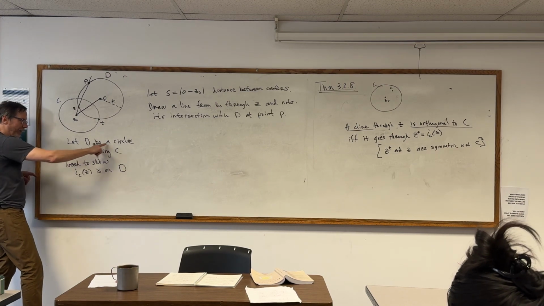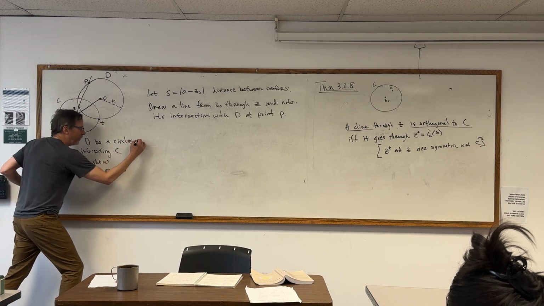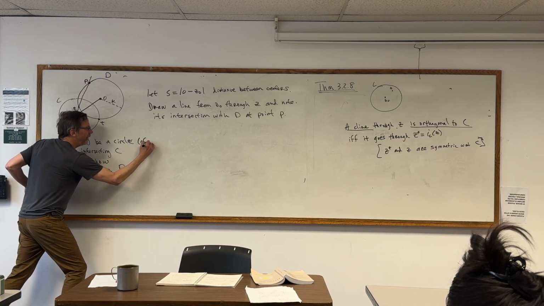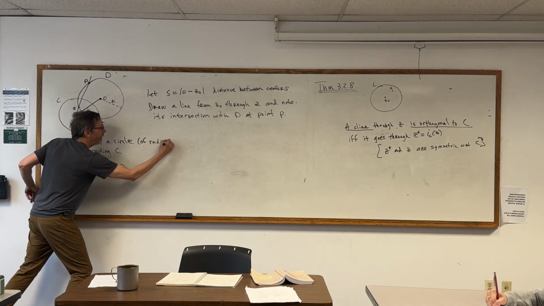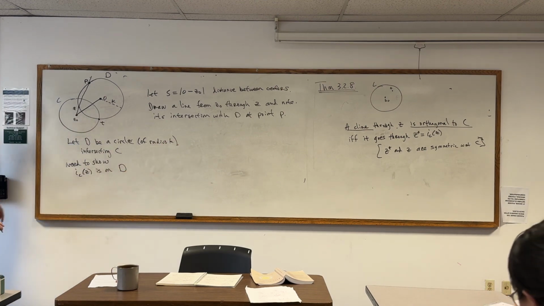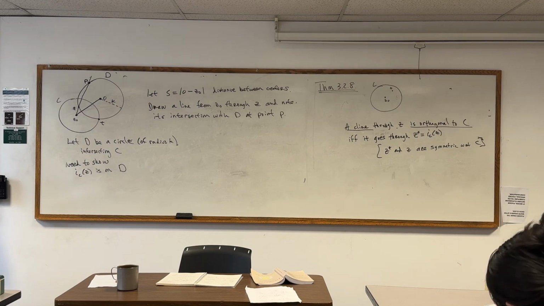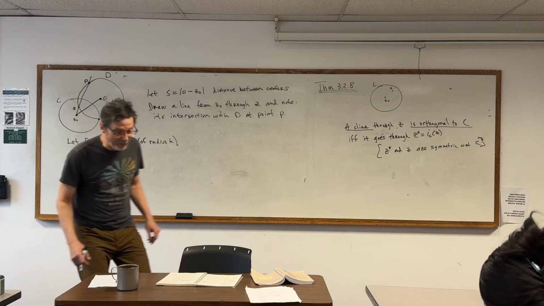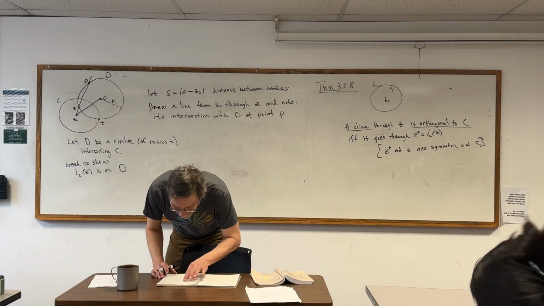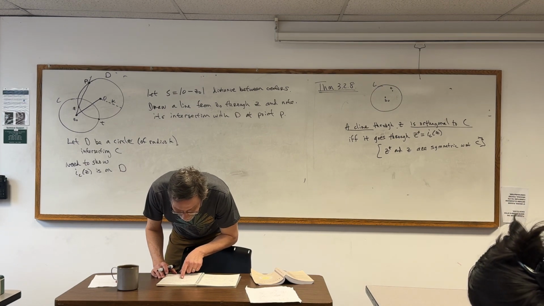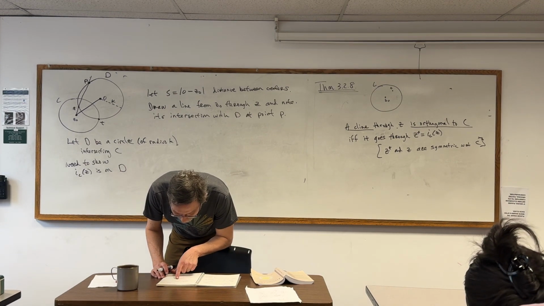So let's make a little note here: a circle intersecting D, with radius K. There are a lot of lines drawn on this board right now, and I think there's going to be a few more before we go. So let me refresh my memory about what is about to happen here.